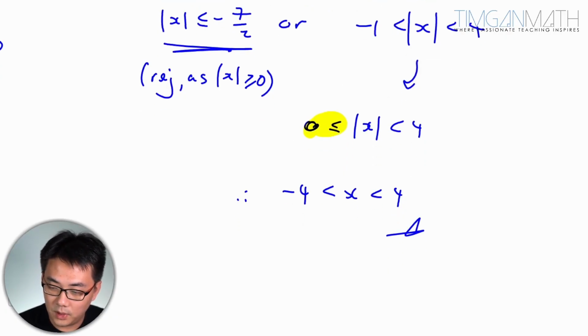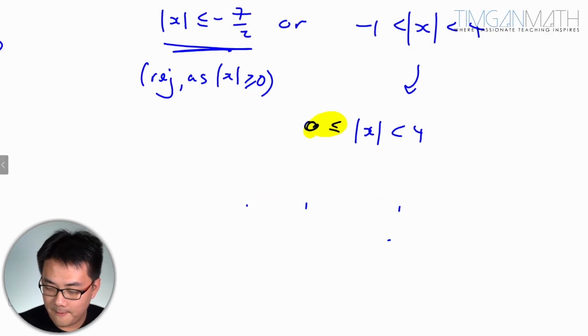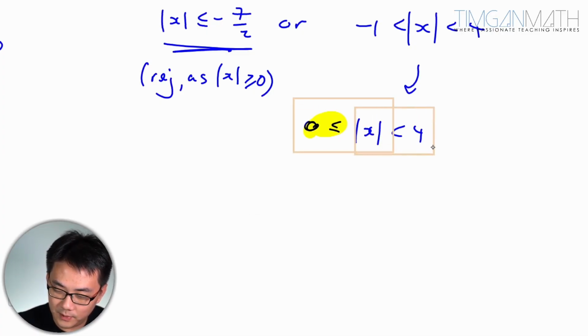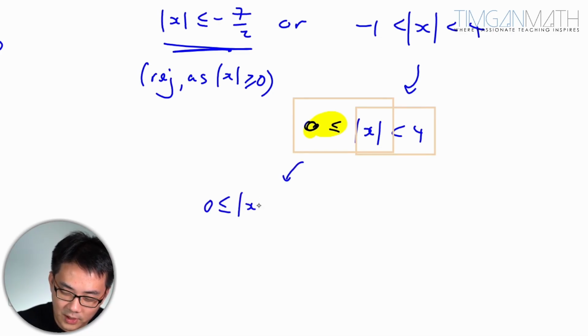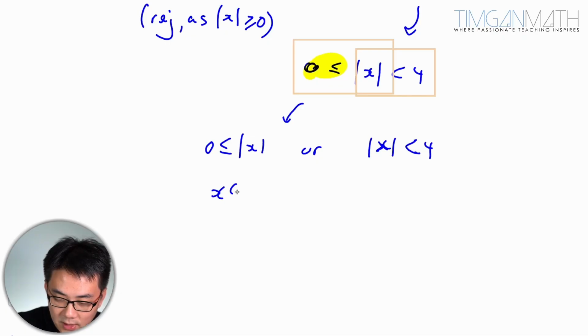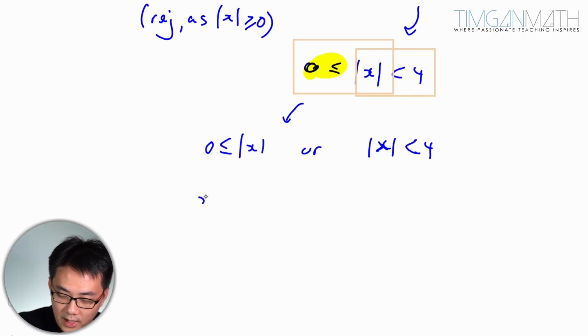So I'll show you, for the modulus sign, this sign can be ignored, because if you split this up, this is 0 less than or equal to mod x, or mod x less than 4. In this case, x is all real values, because it's x bigger than 0 or x less than or equal to 0.